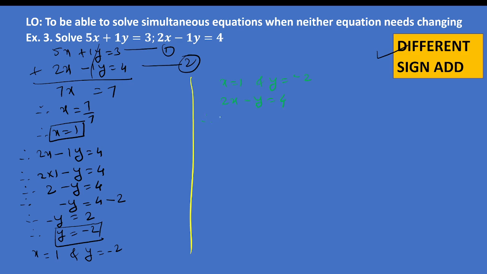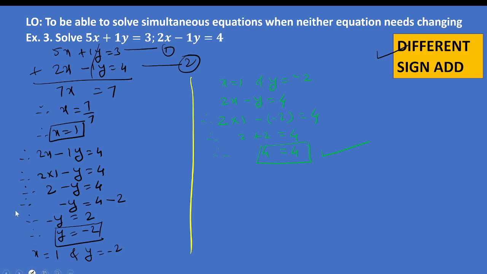So therefore 2 into 1 minus of minus 2 equals to 4. This is 2 plus 2 equals to 4. So now my left hand side is coming 4 the same as the right hand side, hence our answer is verified.